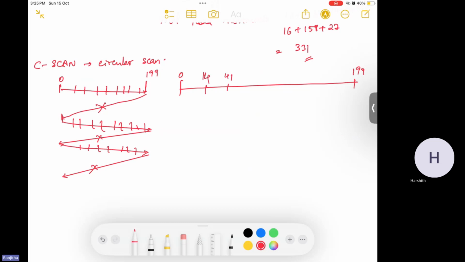Then the head is at 53. Then 65, 67, 98, 122, 124, and 183.